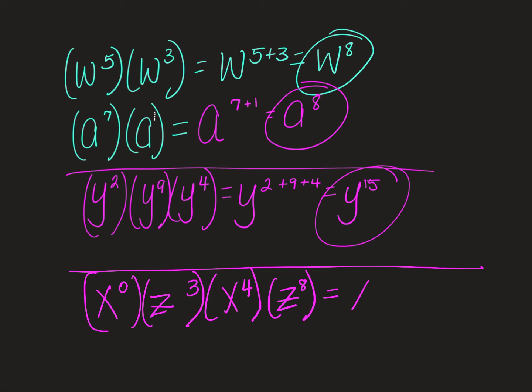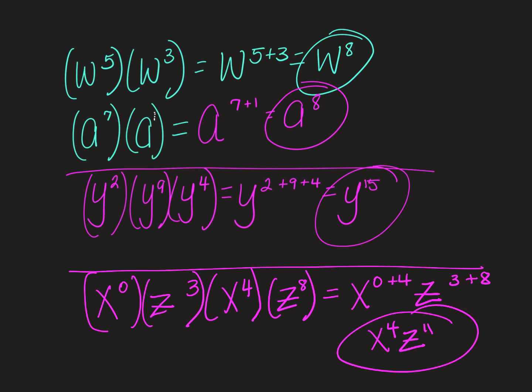So I would write x is 0 plus 4. Z is 3 plus 8. So my answer is x to the 4, z to the 11. That's your answer. Oh, that's pretty cool. Because you had a 0 here, you would not add a 1. But if there's nothing there, then there's always an invisible 1 to be used.